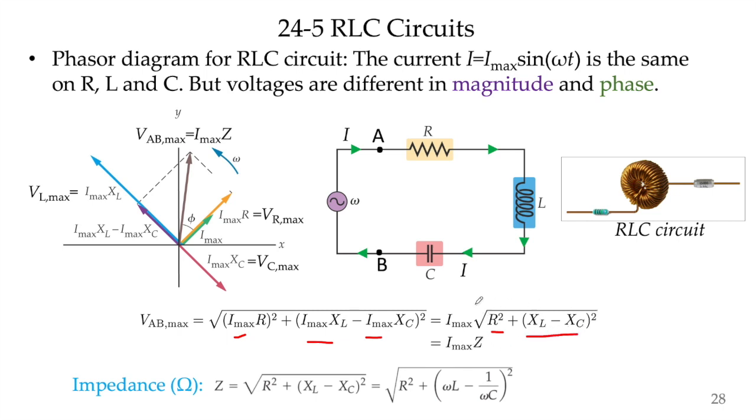Now this whole thing is called, again, impedance. It's in units of ohm. So this is the impedance when you have R, L, and C circuit elements in the circuit. And if you remember, XL is just omega times L, and XC is 1 over omega C.